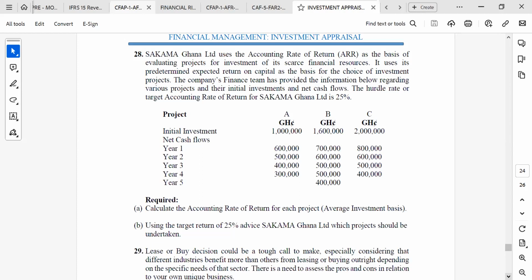Required. A. Calculate the accounting rate of return for each project. That is average investment basis. B. Using the target return of 25%, advise Sakama Ghana Limited which project should be undertaken.